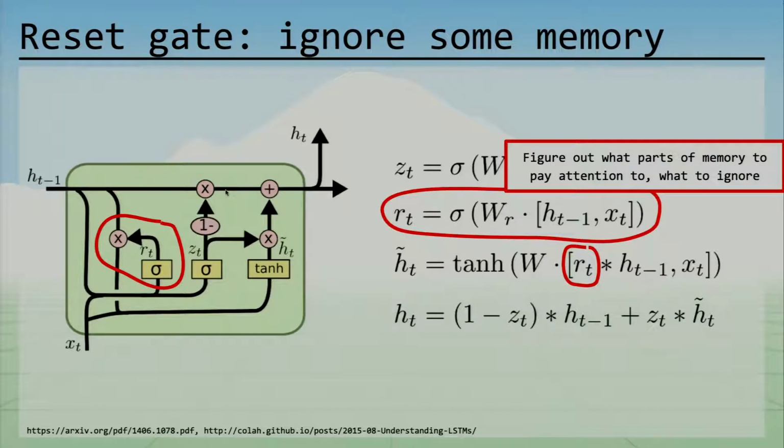So the first part, again, is to figure out what parts of our memory to pay attention to and which parts to ignore. So we're going to come up with this vector r, which is going to be some weights multiplied by our internal state h sub t minus 1, so our previous internal state that's coming in from the previous time step, and our input x sub t.